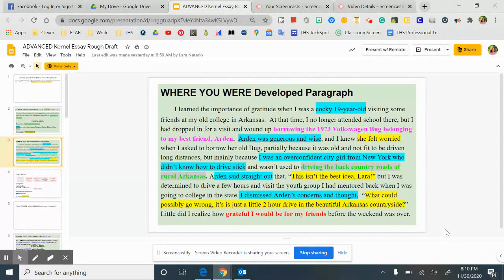Arden was generous and wise, and I knew she felt worried when I asked to borrow her old Bug, partially because it was old and not fit to be driven long distances, but mainly because I was an overconfident city girl from New York who didn't know how to drive stick and wasn't used to driving the backcountry roads of rural Arkansas.